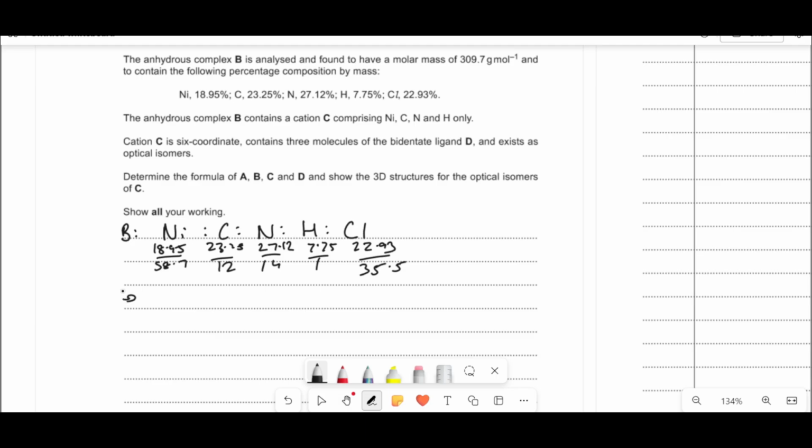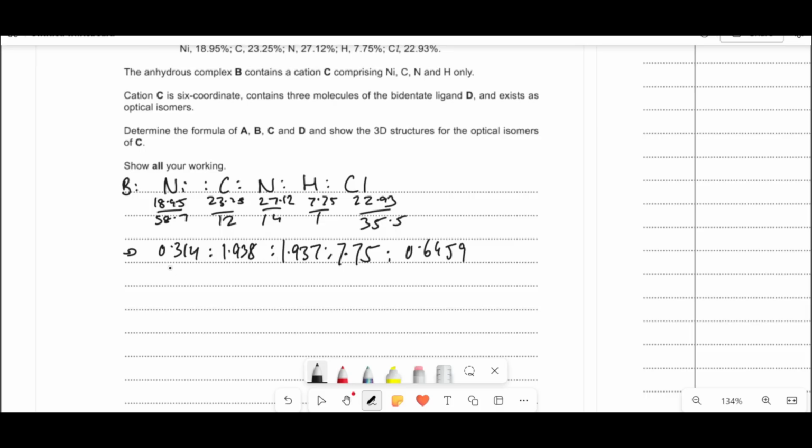If we do that, we then get 0.314 to 1.938 to 1.937 to 7.75 to 0.6459. Then divide by the smallest number, so divide all of these by this one here.